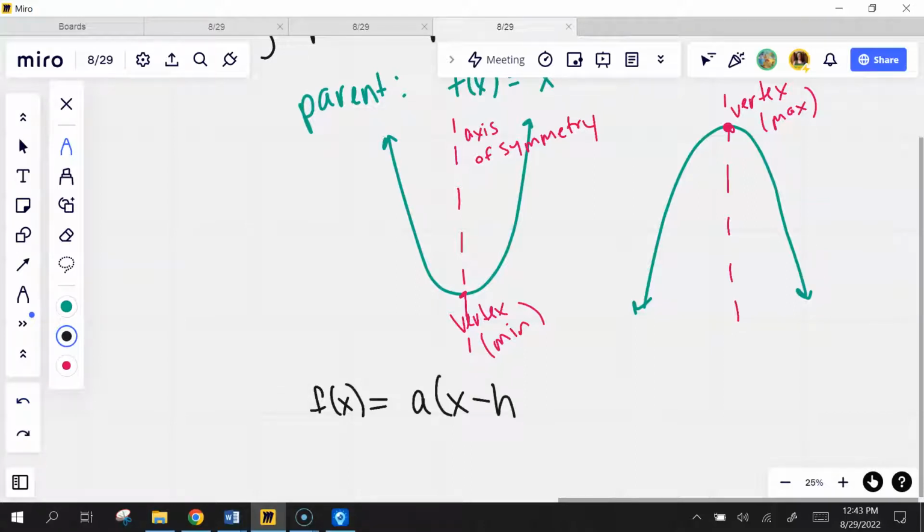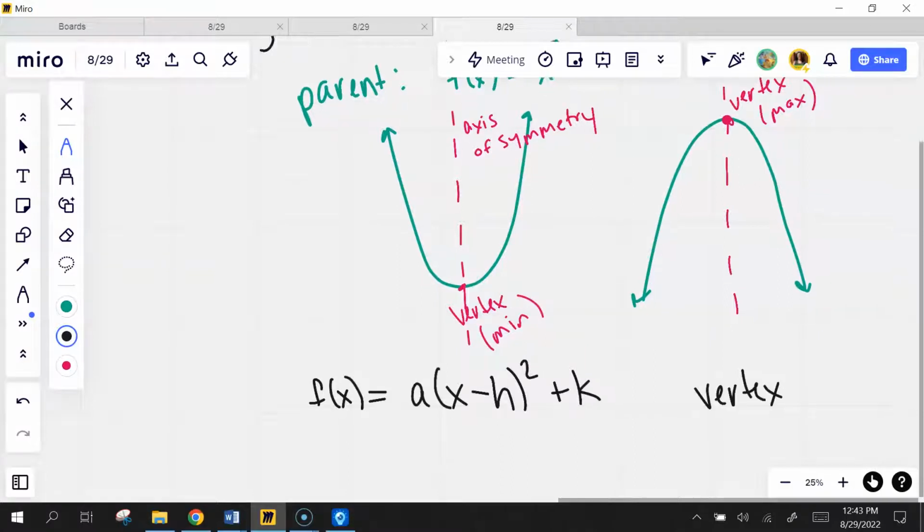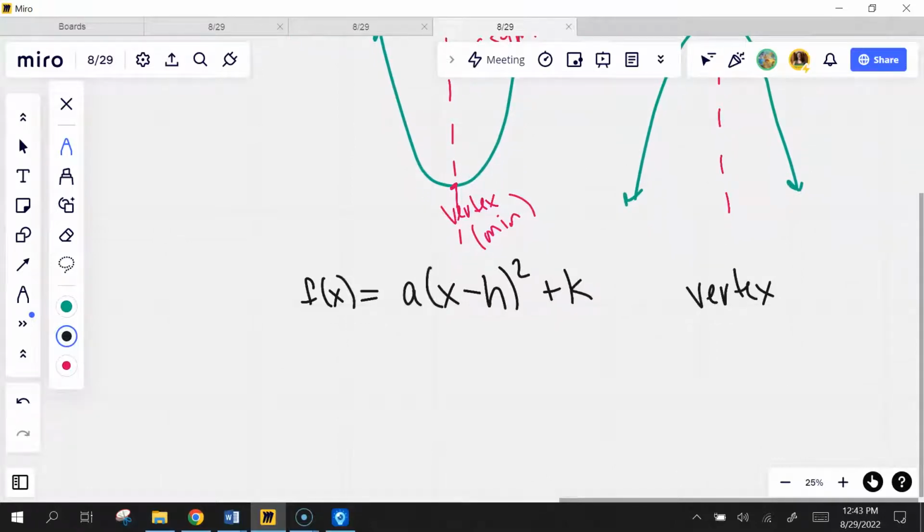Yes. This is vertex form. There's a standard form. What does standard form look like?